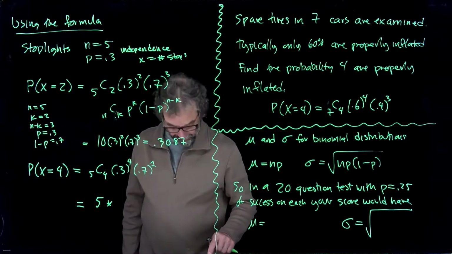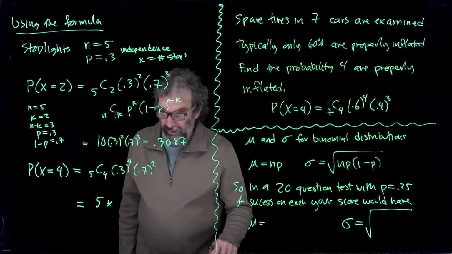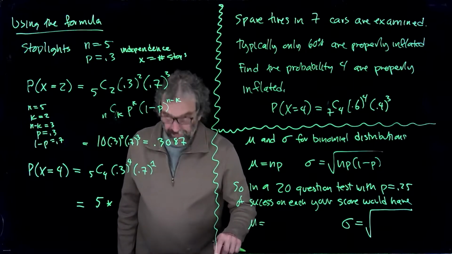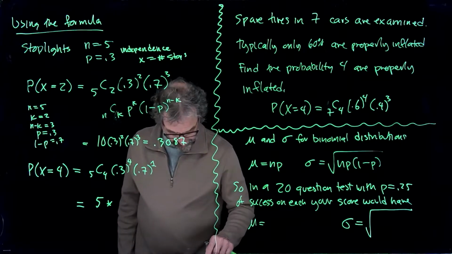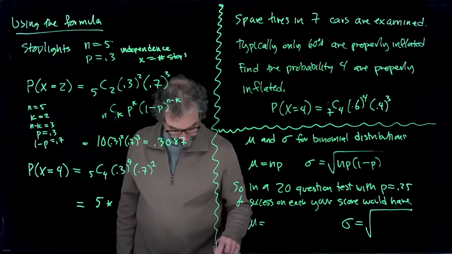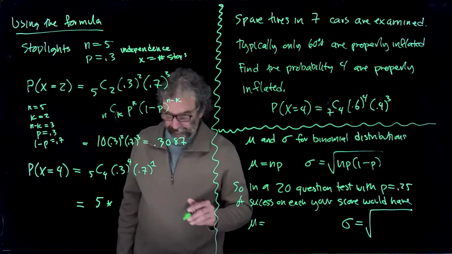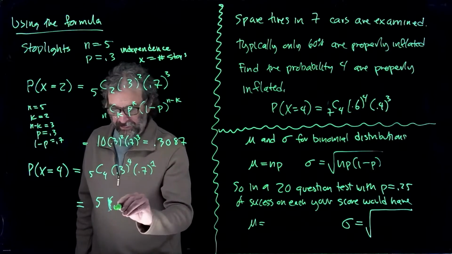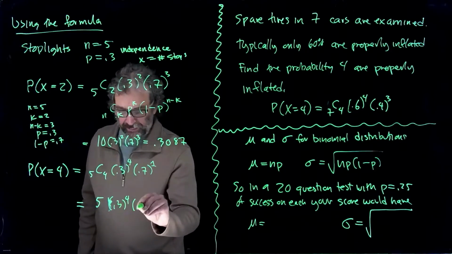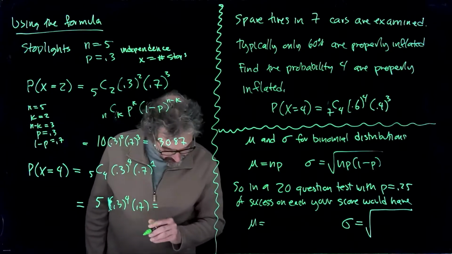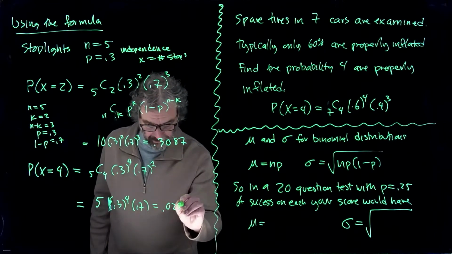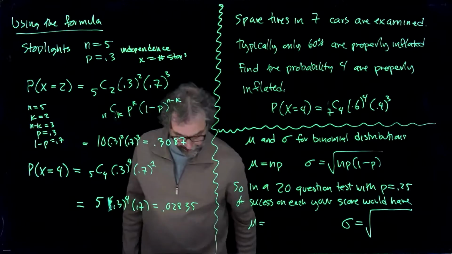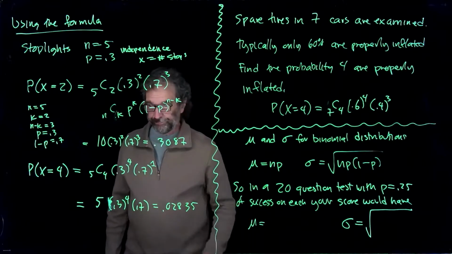Try it again. 5 times 0.3 to the 4th. Come over. Times 0.7. I think all right. So 5 times 0.3 to the 4th times 0.7 is 0.02835. I think that's right.